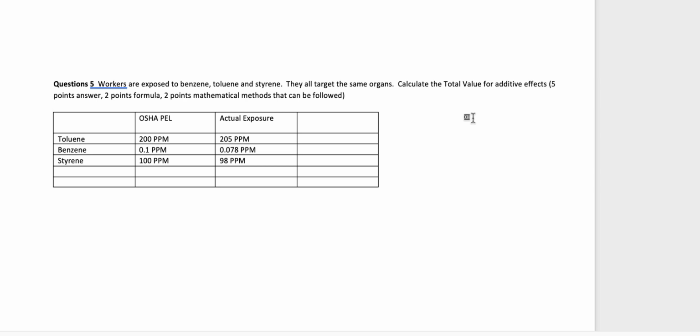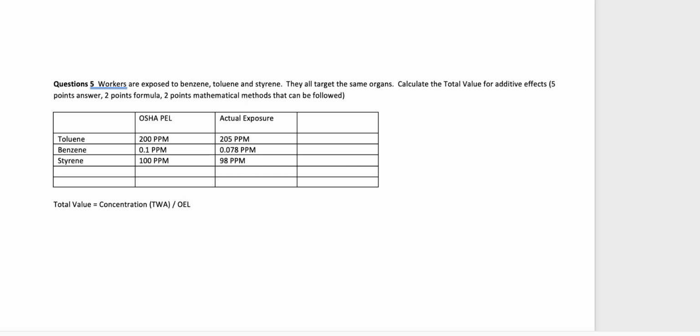Question 5. Workers are exposed to benzene, toluene, and styrene. They all target the same organs. Calculate the total value for additive effects. And so we would need to have the proper formula for that. It's the total value equals the concentration, or the time-weighted average, and we divide that by the OEL.